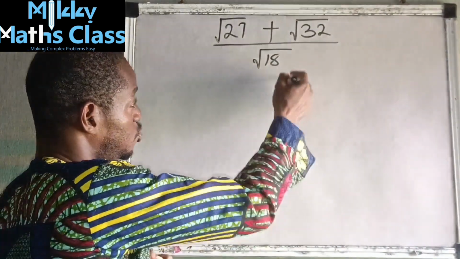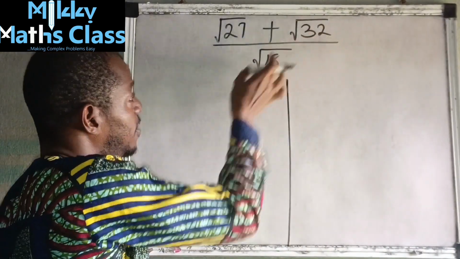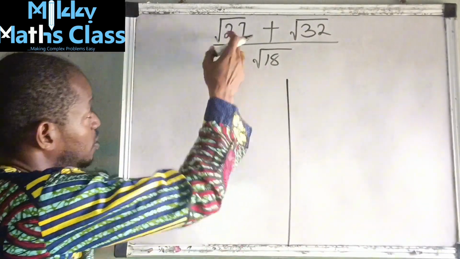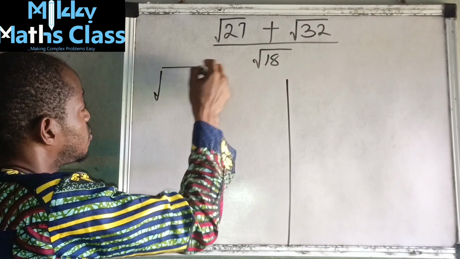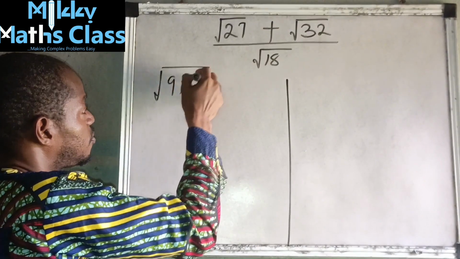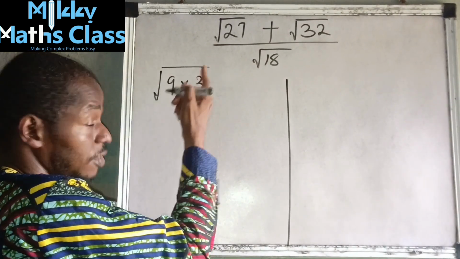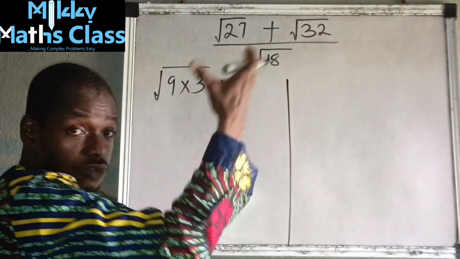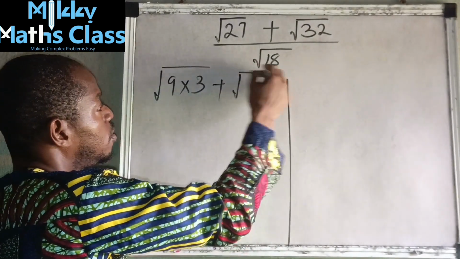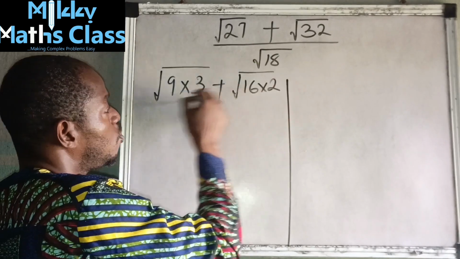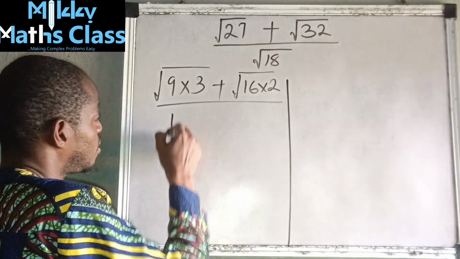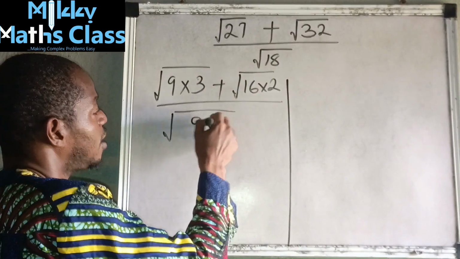Now, the first thing to do is break each of them down to a number you can take the square root of. 27 can be broken down as root 9 times 3, which is root 9 times root 3, plus root 32 can be broken down as root 16 times 2, all over root 18, which can be broken down as root 9 times 2.